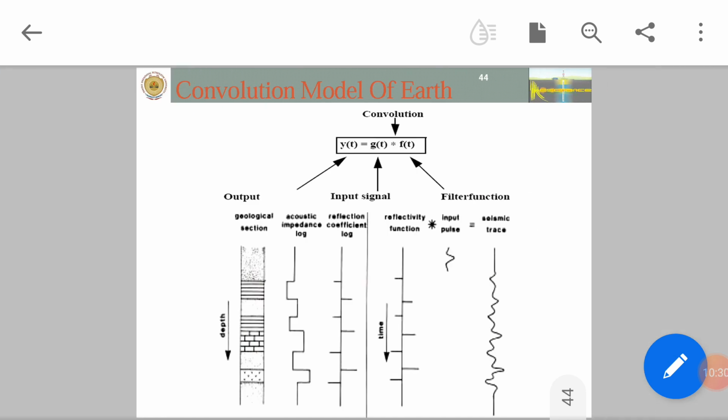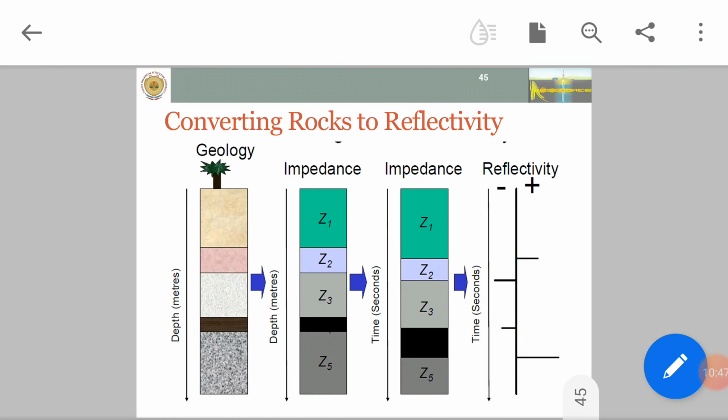But before that, we once again talk about convolution. We have the seismic impedance log which is converted into a stichogram. The reflectivity function is convolved with the input wavelet or pulse, which gives us a seismic trace. Converting rock to reflectivity: all geologists will talk about lithology with depth.